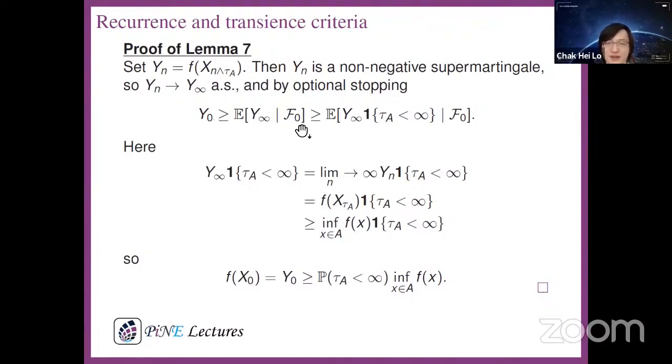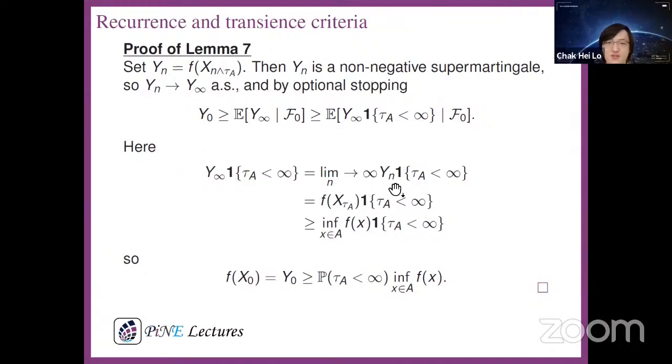We can artificially add an indicator function here, which just makes this smaller. Now consider the thing in the expectation: Y infinity times this indicator function. There's a typo here; it's the limit as n goes to infinity of Yn of this. By definition, Y infinity is the limit as n goes to infinity.